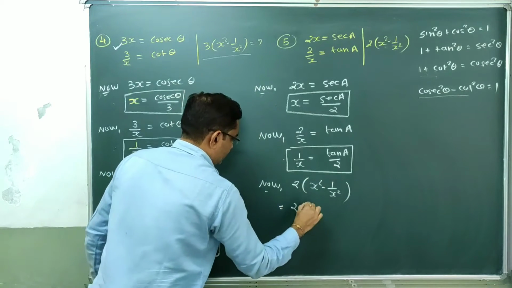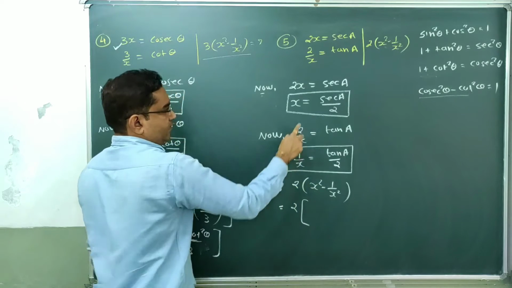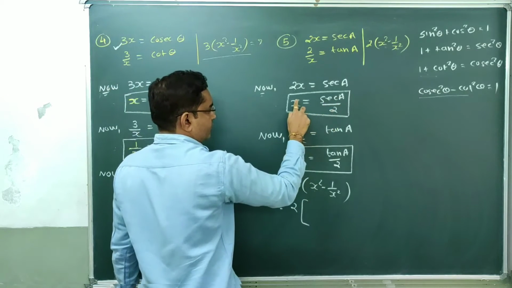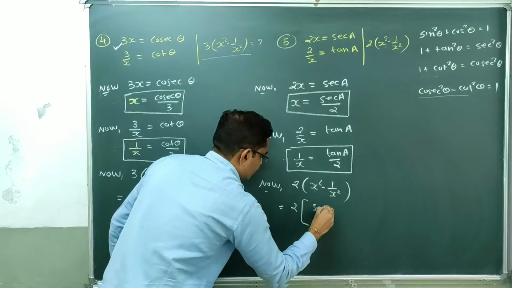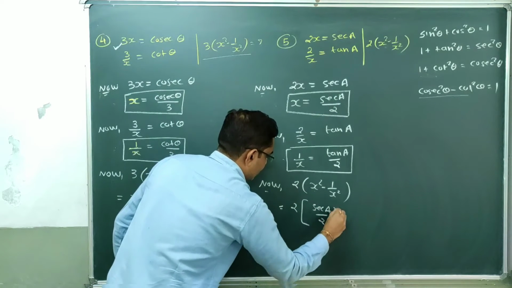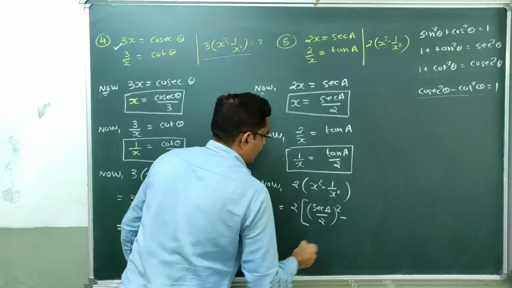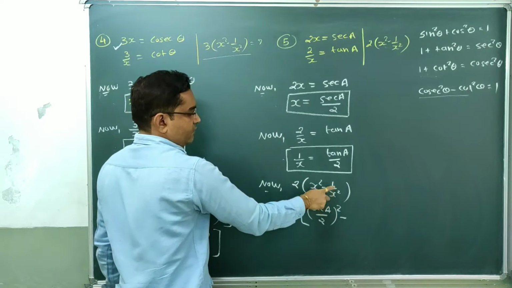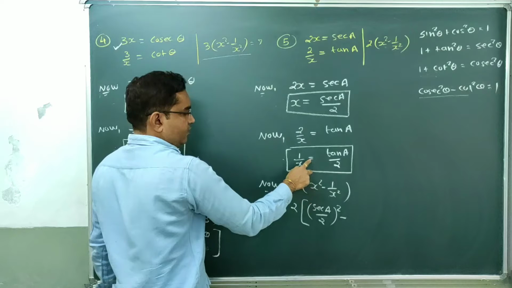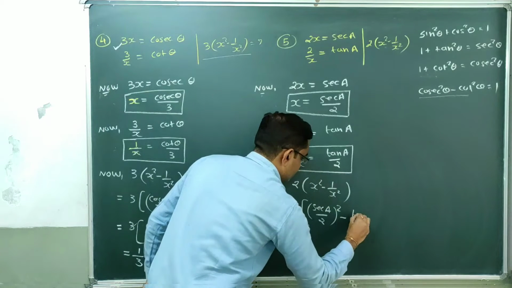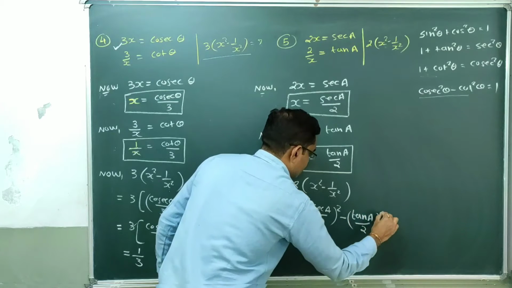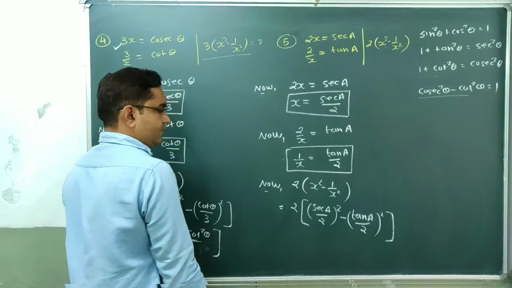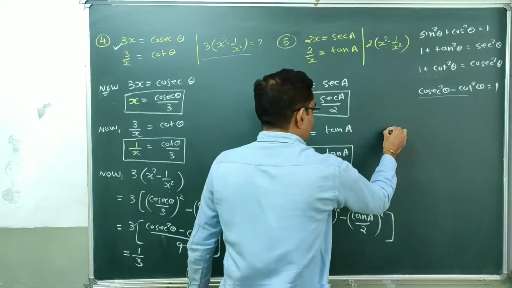Put the values. 2 into x square. X is sec a by 2, so x square will be sec a by 2 whole square, minus 1 by x square, which is equal to 1 by x whole square, and 1 by x is tan a, so it's tan a by 2 whole square. Done. So perform squaring.